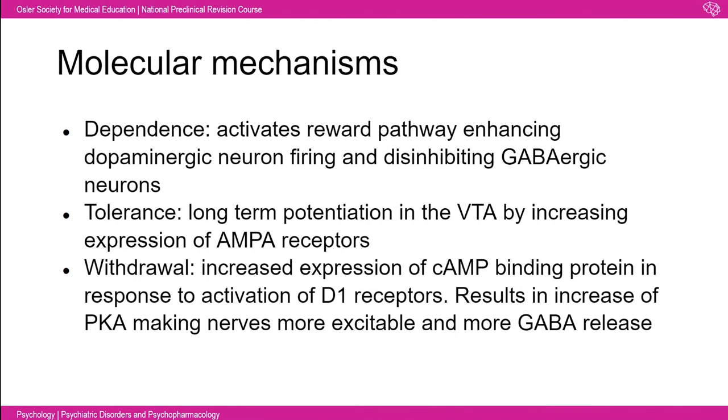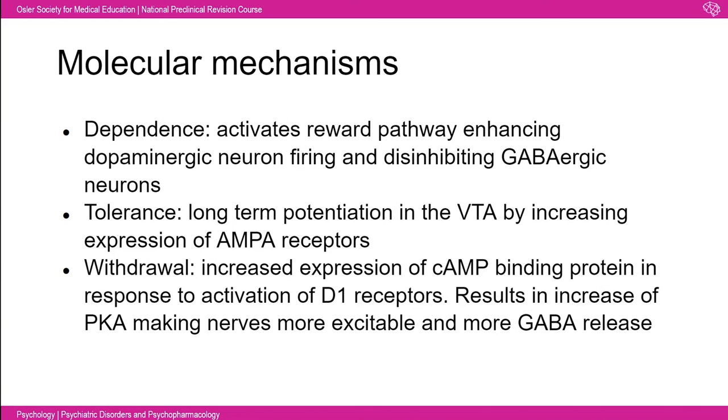Then tolerance: you've got long-term potentiation in the VTA, the ventral tegmental area, by increasing the expression of AMPA receptors. That's affecting the long-term effectiveness of these areas. The long-term potentiation means it's overall suppressed by the effect of the drugs, so next time you need more of it to overcome that.